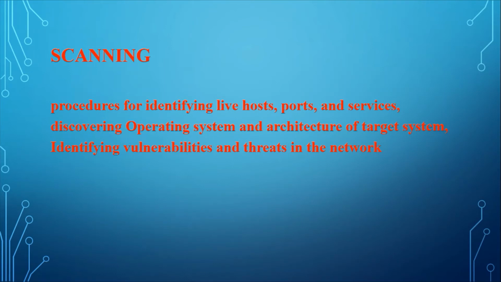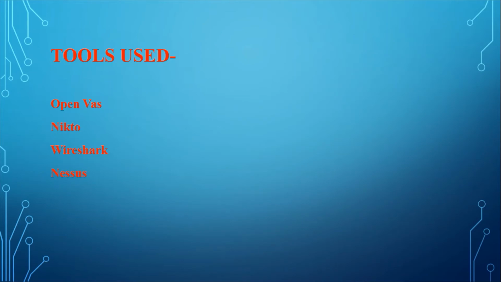We can also search for what services they are running, what operating system they are using, the architecture of the target systems, and vulnerabilities and threats in the network. You can identify these through scanning methods. The tools used for scanning are OpenVAS, Nikto, Wireshark, and Nessus. These tools we can use in the scanning phase.